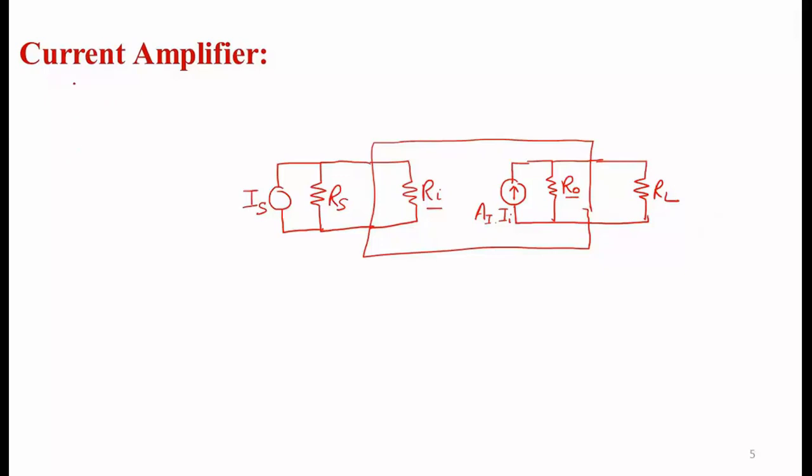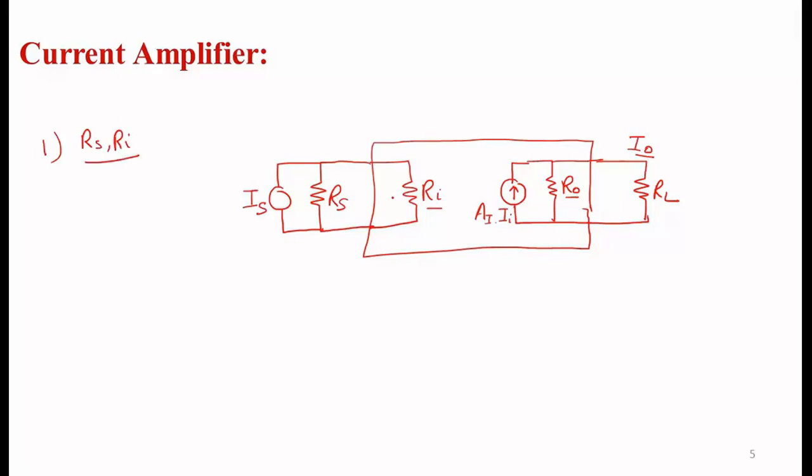For a good current amplifier, it is required that the output current, that is the I naught, should be independent of R naught and Ri, the resistances of the amplifier. In the input section, we have two resistances, Rs and Ri.